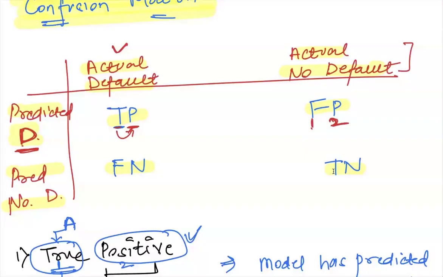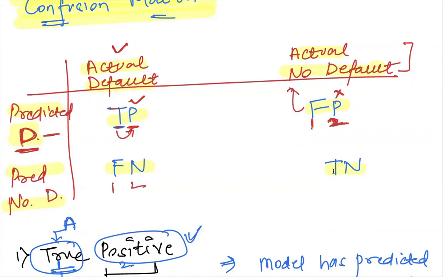When we say true, this is right. When we say false, this is wrong. So the model is predicting positive, which means default, but in reality there is no default.